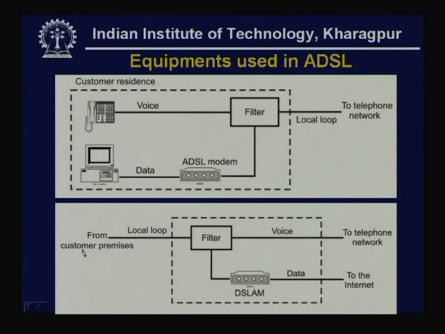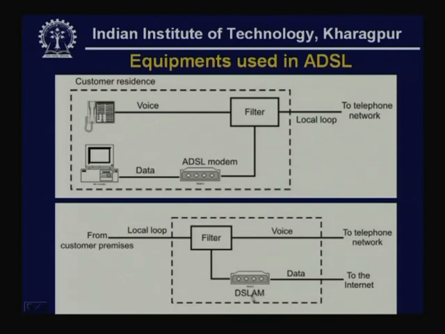Similarly, from the customer premise, it is going to the telephone exchange, and here there is a filter, it is going to the telephone network, and there is a DSLAM, the digital subscriber line access multiplexer.